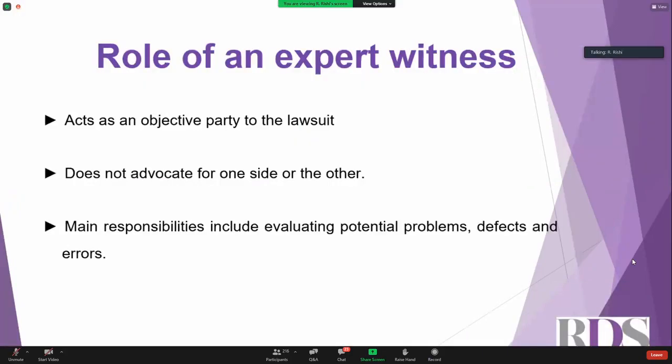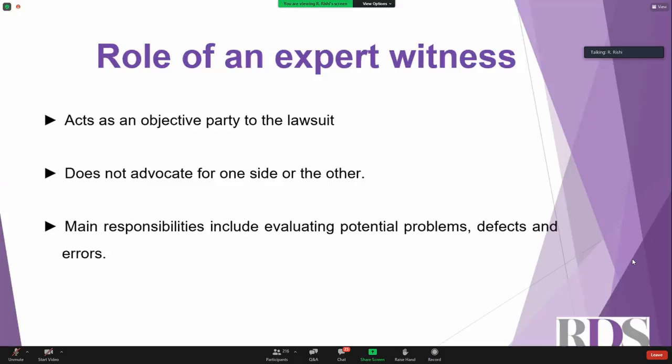The role of an expert witness. Now, this is something which is actually very rudimentary, fundamental, but more often than not overlooked, and more often than not governed by a very strong misconception by commercial litigants, something which I have noticed over time, and it would be naturally so. And that is this.